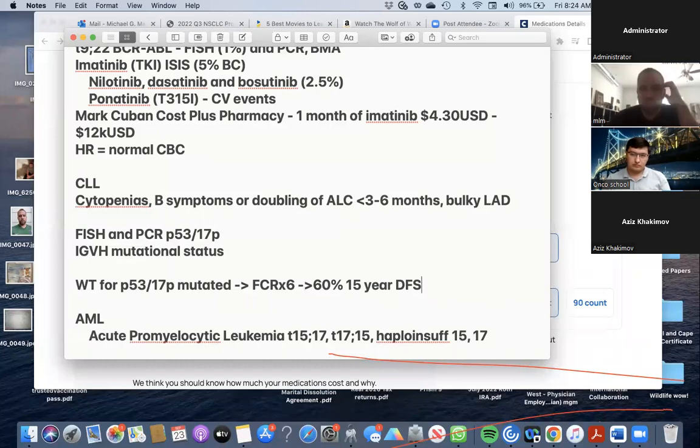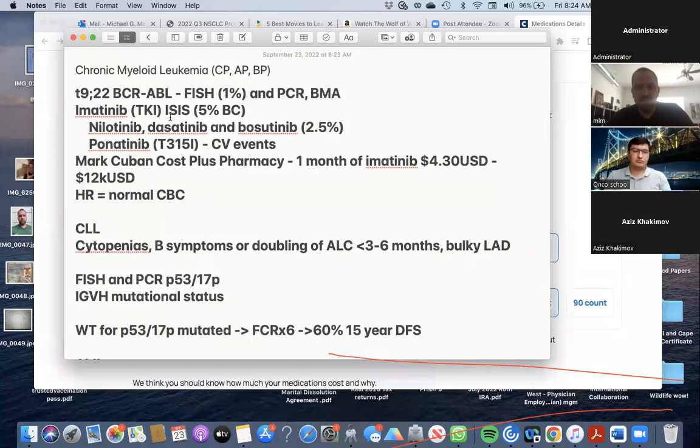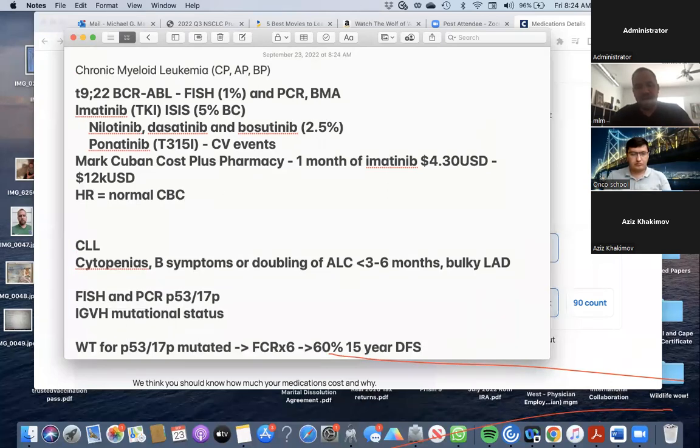Just bouncing back up to CML for one thing too, about curability. With CML, these drugs, remember, they all compete with the ABL tyrosine kinase ATP pocket. They do not necessarily cure the disease. You can think about discontinuing drugs in this situation when they have had a negative PCR with no detectable disease for 3 years.